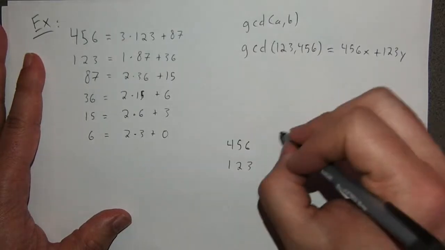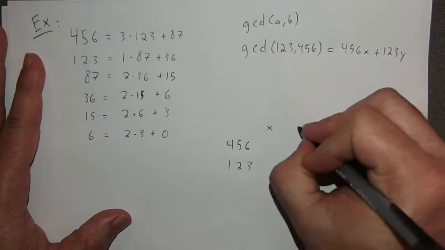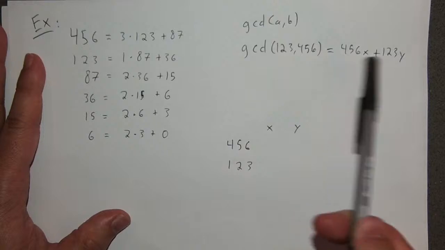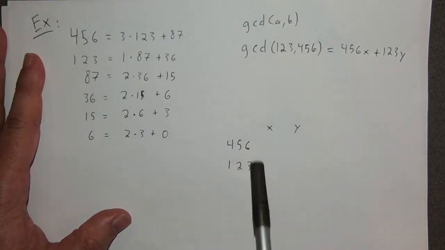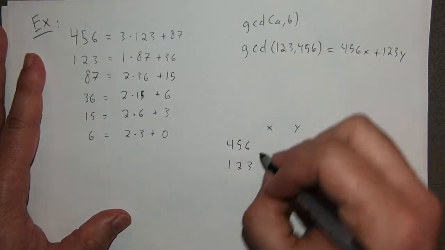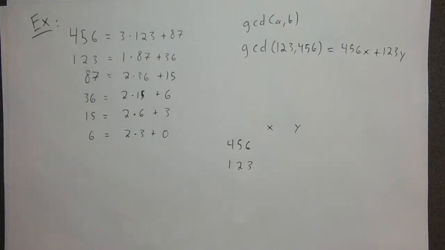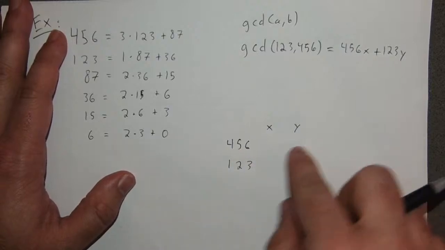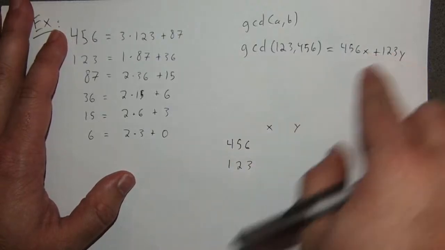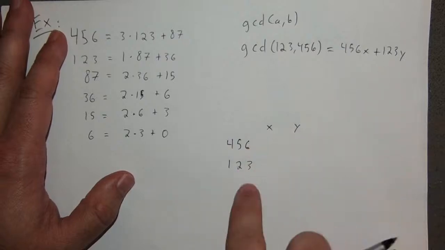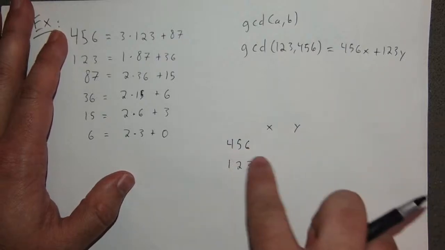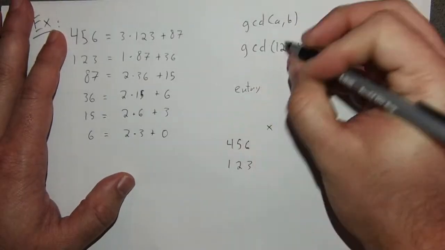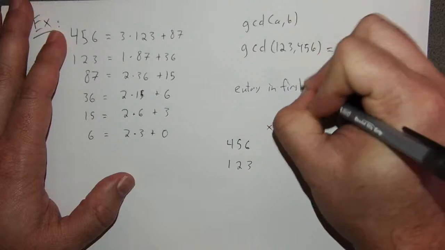In the second and third columns, I'm going to label those x and y. Those are the coefficients, the things multiplying 456 and 123. The idea is that my entry in the first column I want to think of as a linear combination where x and y describe what I have to multiply those things by for 456, for instance, to be a linear combination. What do I mean by that? This is written out here: entry in first column of my table.